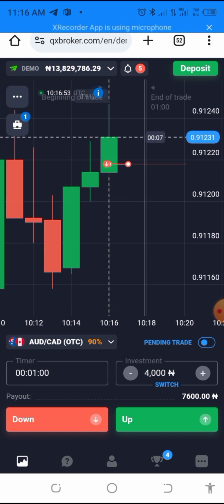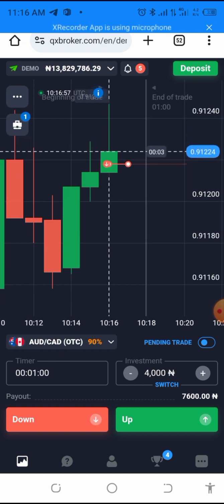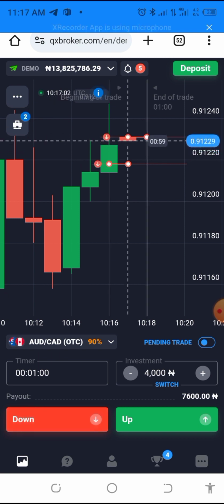Oh, yo, this is a long one. 5, 4, 3, 2, 1. This is the last candle, and it's going to be a loss if it doesn't work here.